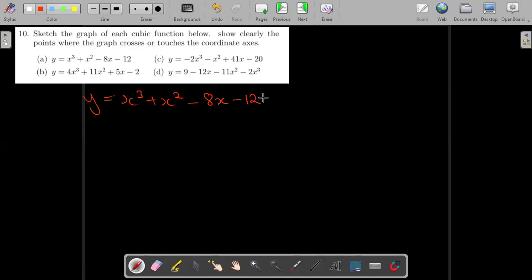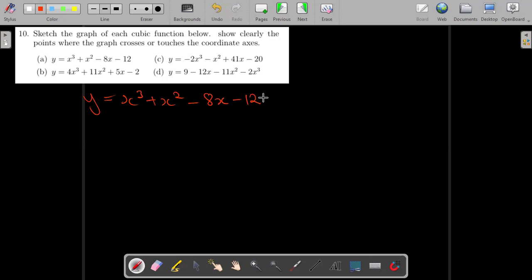So the first step is to factorize this. We said that the graph is going to cut the x-axis at 3 points.